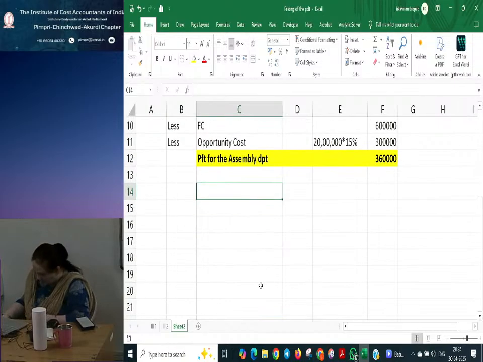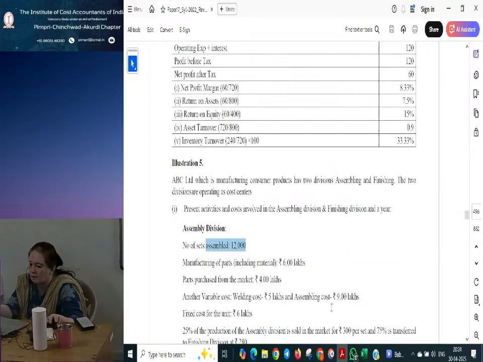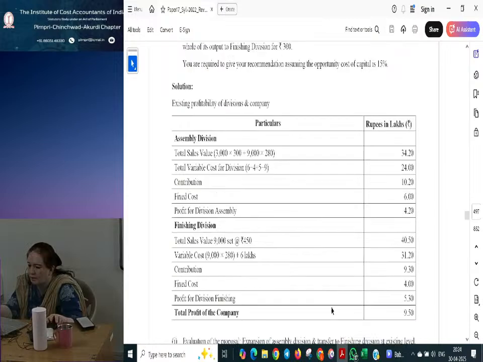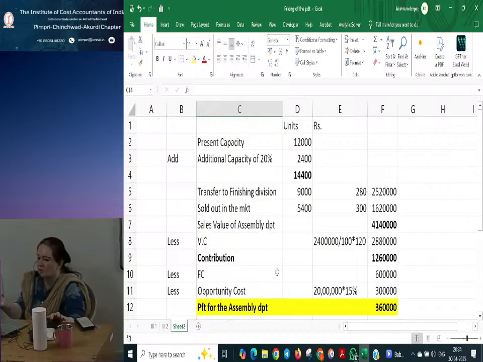That division is not going to incur anything. It's going to remain the same. So earlier whatever the profit was, it is already calculated, right? 5,30,000 will be the profit for the finishing division, because this first proposal talks only about the assembly group.